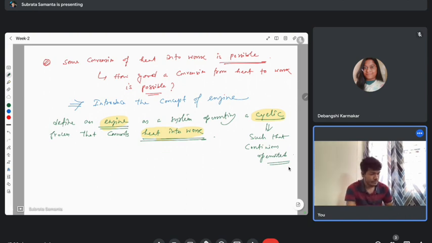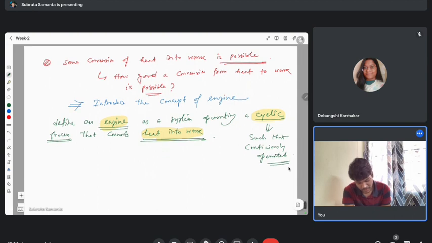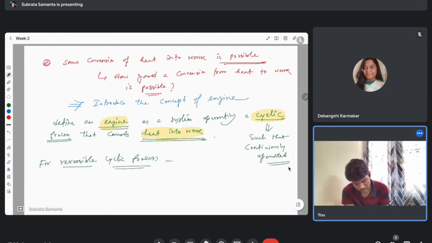For a reversible process, this cyclic process is called the Carnot engine. For a reversible cyclic process, we call this a Carnot engine.